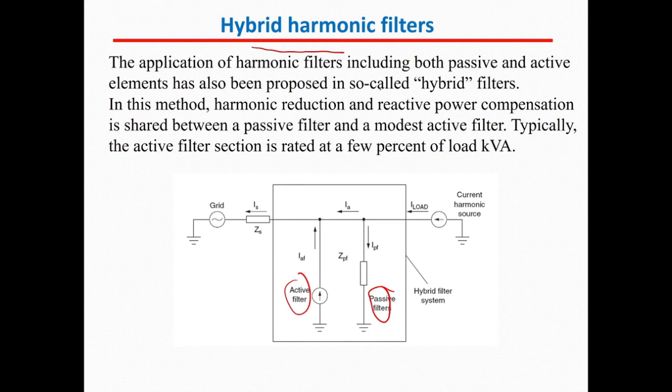In this method, harmonic reduction and reactive power compensation are shared between a passive and a modest active filter. Typically, the active filter section is rated at a few percent of the load kilovolt ampere.